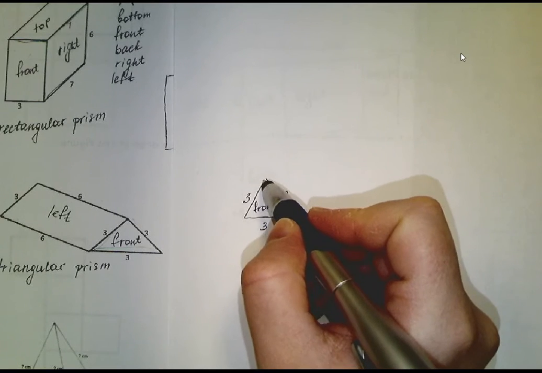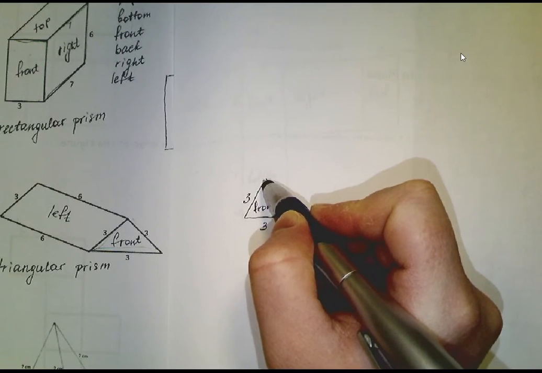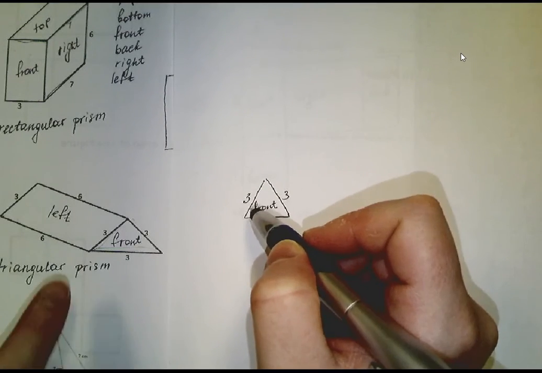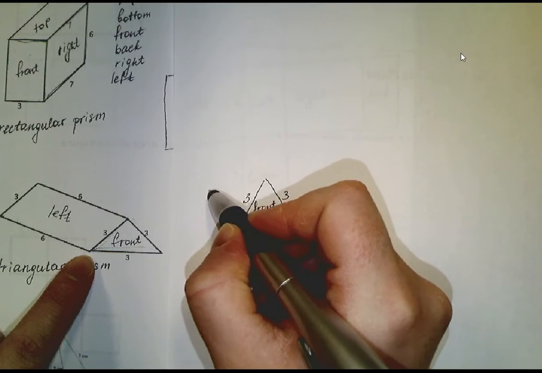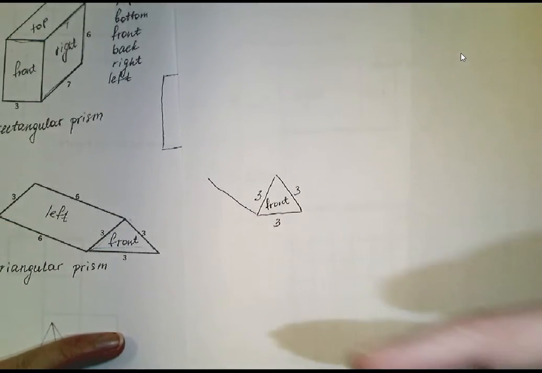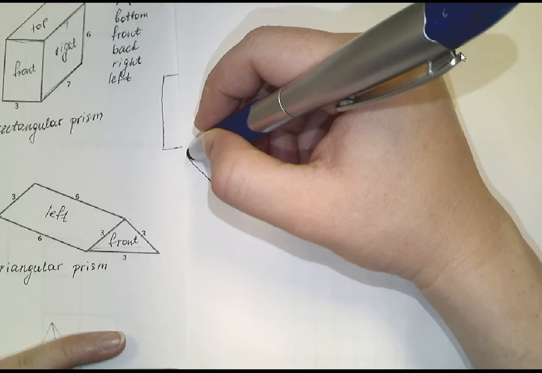To the front, we have two triangles attached, and two rectangles, sorry. One is left and one is right. And these rectangles are going along this side, and the side is 6. So something like that.